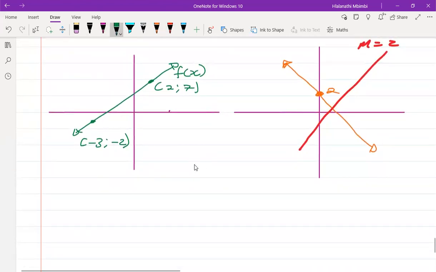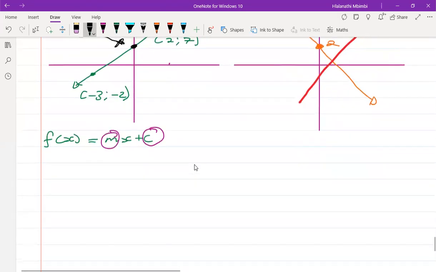So remember, the equations to start off with are given by f of x is equal to mx plus c. It is suggested by the equation that we need to find what m is and what c is. C would normally be the point that's here, but we don't have any point there. So we're going to have to first calculate our gradient, which we know how to do.